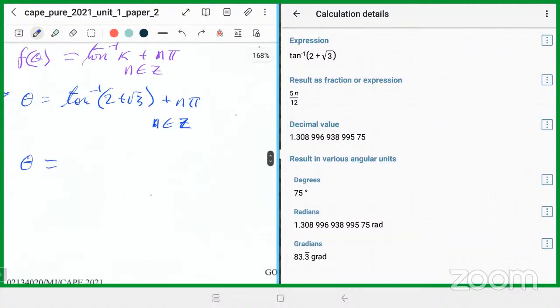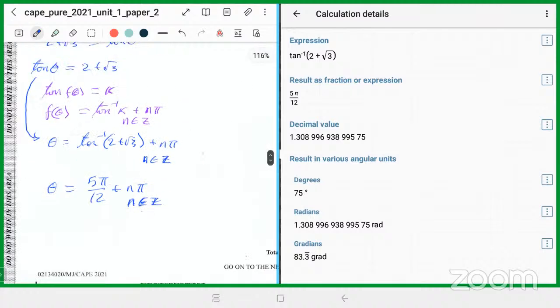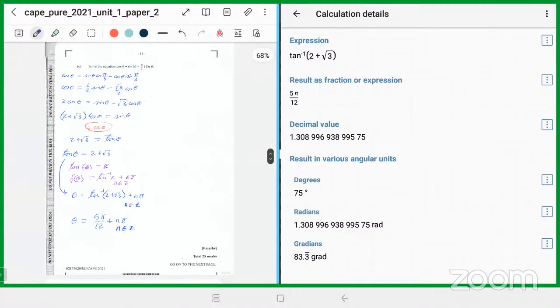So this becomes 5 pi by 12 plus n pi, where n is an integer. So that's my solution. Maybe that is a safe way to do it. But more math equals better math.